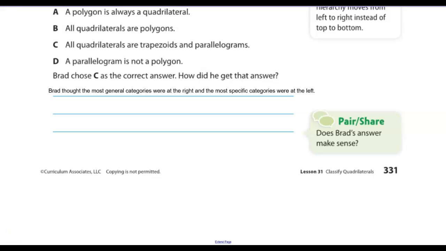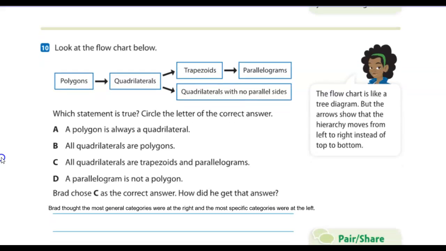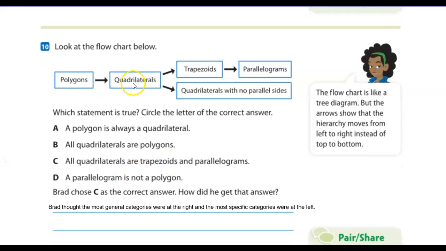So a possible answer for Brad choosing C was that he thought that the most general categories were at the right and the most specific were on the left. So when he was right here at quadrilaterals, he was thinking this way was most general, where this way is most specific.